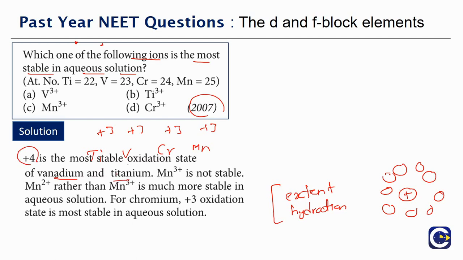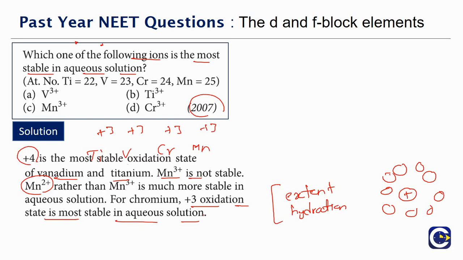Whereas for manganese, +2 will be more stable. And again, this is based upon the extent of hydration. In the case of chromium, the +3 oxidation state will be more stable in the aqueous solution because of the extent of hydration.